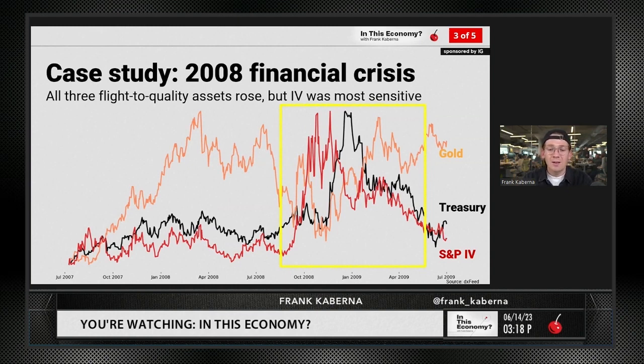Gold, while you might say, oh, well, gold saw this coming, I don't know if you could say that exactly. And that's why gold increased between the middle part of 2007 and the middle part of 2008, prior to the actual crash in the later part of '08.